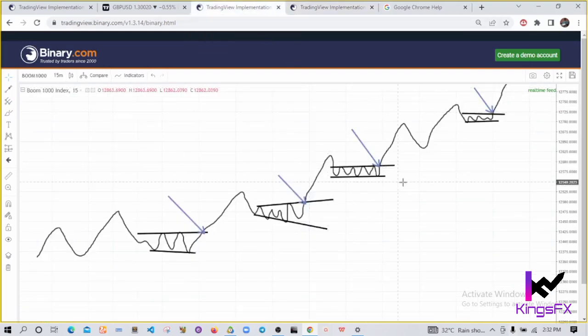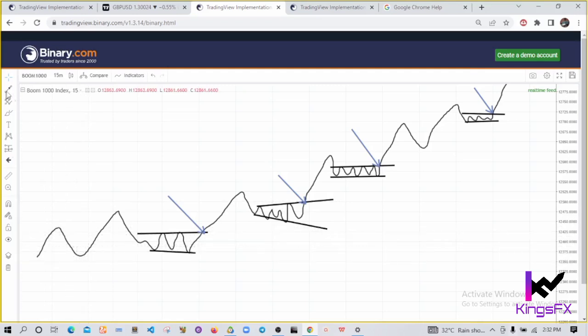So this strategy is known as the base pattern strategy. Base pattern. You just need to identify a trending market. It might be an uptrend, it can also be a downtrend, so whether uptrend or downtrend, there's no issue. All you need to do is discover the price making its swing highs and swing lows.